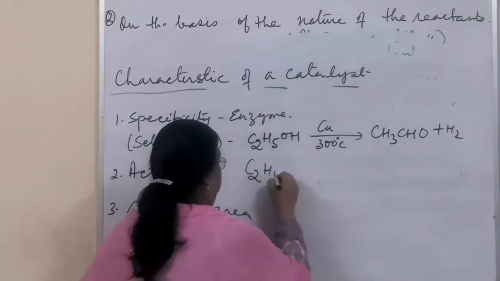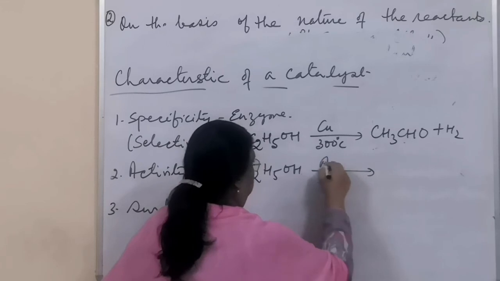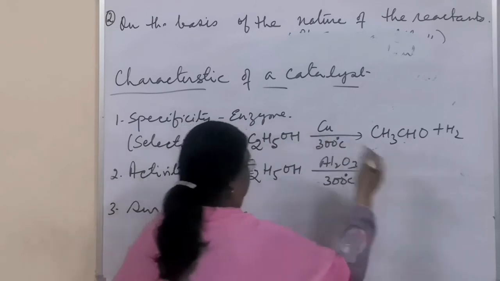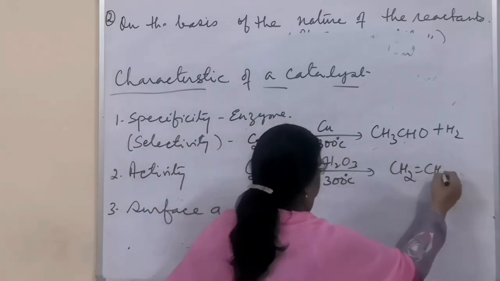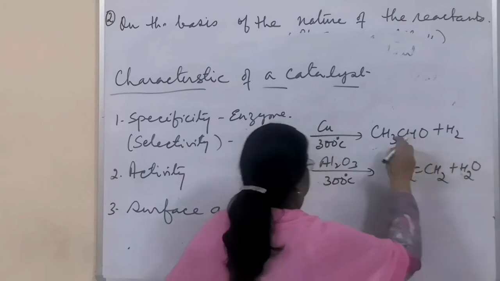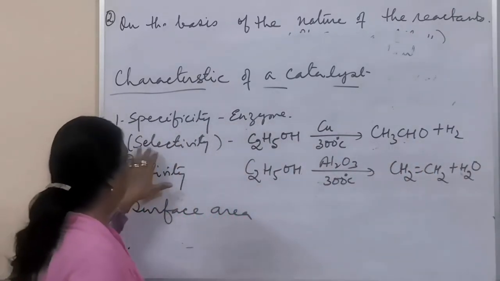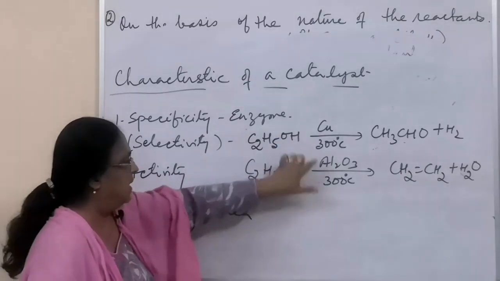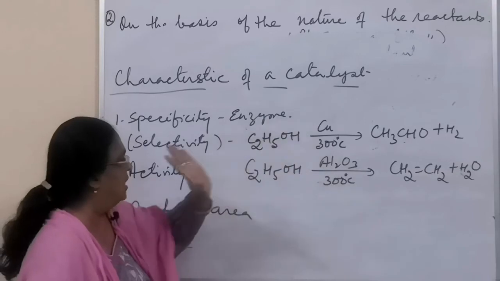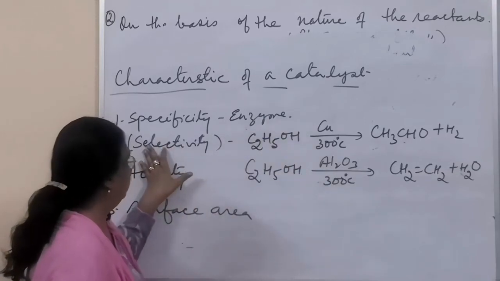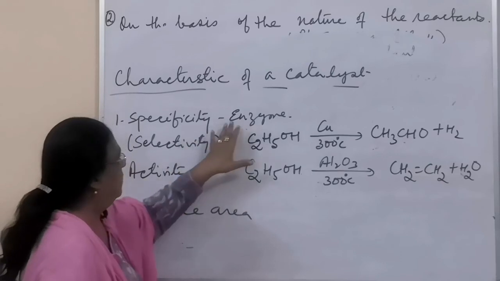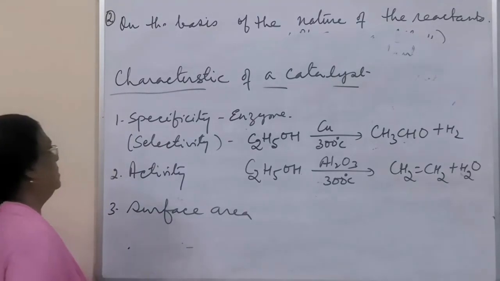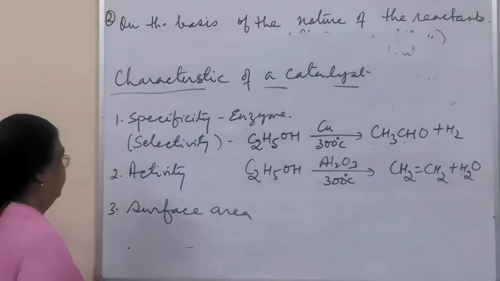And when you take this ethyl alcohol and heat it at the same temperature, but in the presence of alumina, you get CH2=CH2 and water. So this is selectivity: with a different catalyst, same conditions, same reactant, but the products are different. So for chemical reactions it is selectivity, and for enzymatic reactions it is specificity. So catalysts have a selective nature.